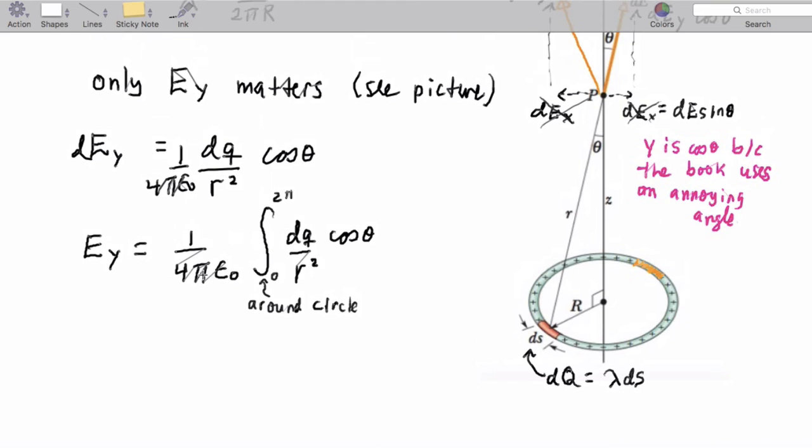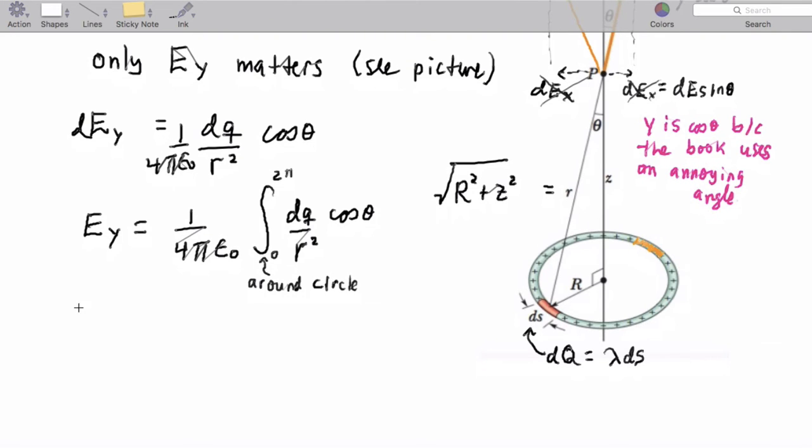So let's just measure r. I used little r here, and let's be clear that that's actually equal to the square root of r squared plus z squared. I'm actually going to put that into my formula.